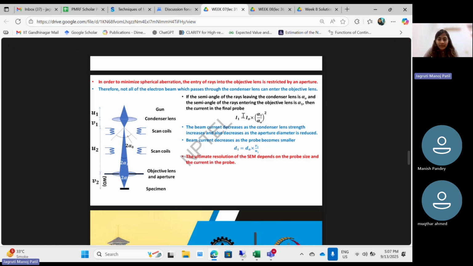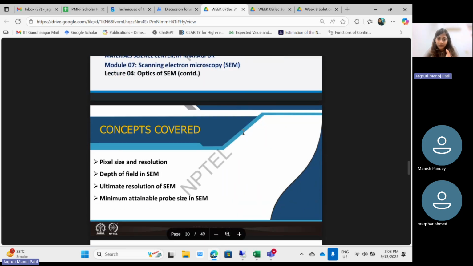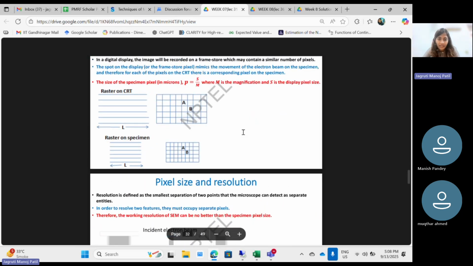Here, if you see, they say that the beam current decreases as the condenser lens strengthens, so the ones which are below it, whereas it also decreases if the aperture is reduced. Of course, if the aperture diameter is reduced, current will be reduced, so the flow intensity coming through is lesser. If you know that flow rate times area is your velocity, something like that. Then you have resolution analysis. Yes, this is what we saw on that.